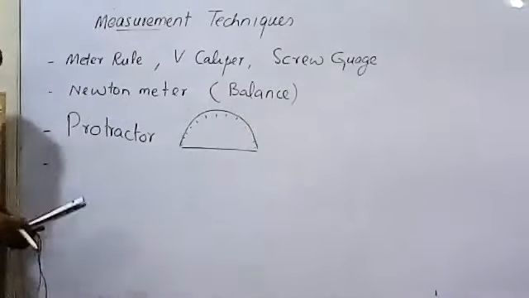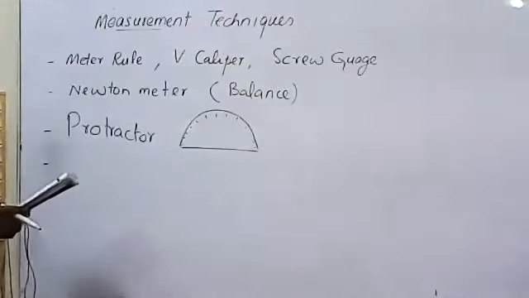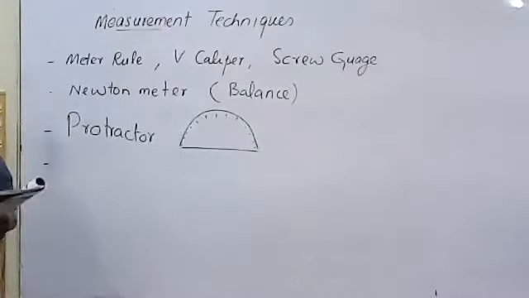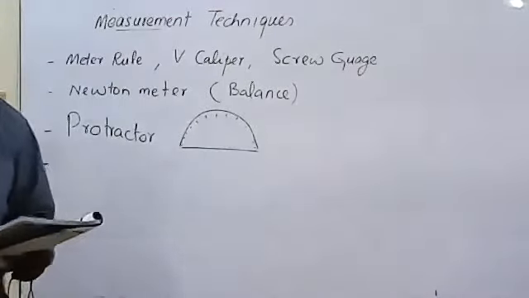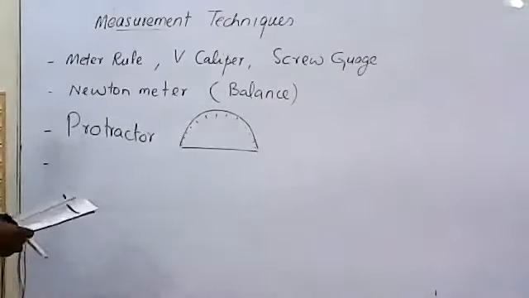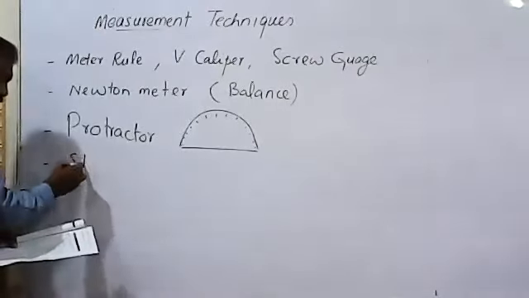Then we should be familiar with the use of stopwatches, both the analog type of watch or clock, and the digital one, which is available in all the labs now. So stopwatches and clocks.